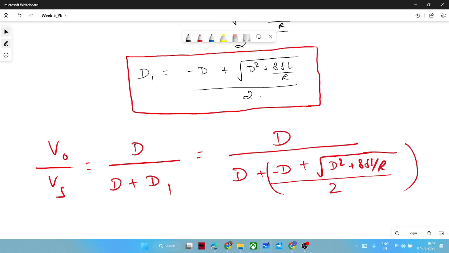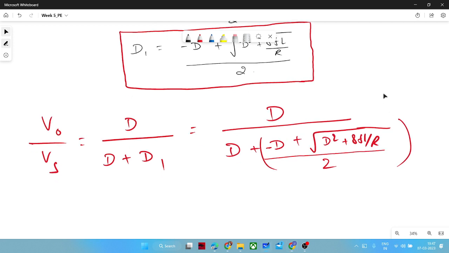Someone's mic is on, so please turn it off. Yeah, so this is the gain value.